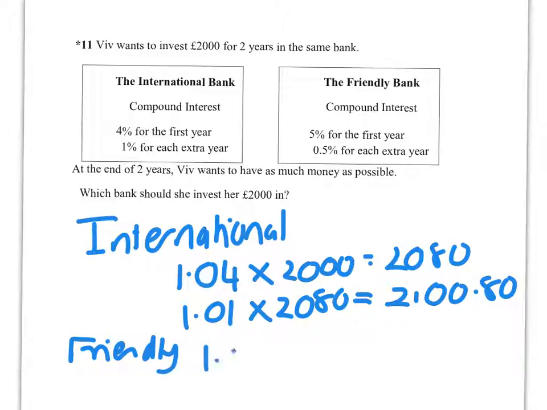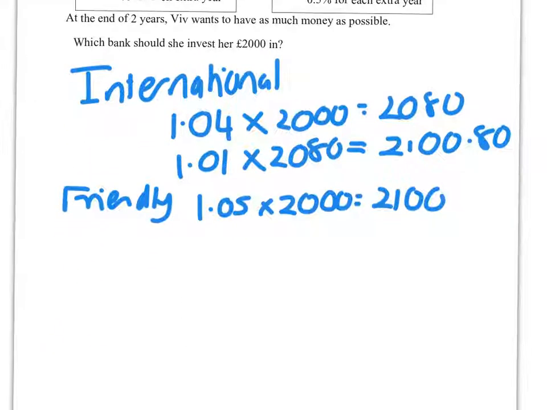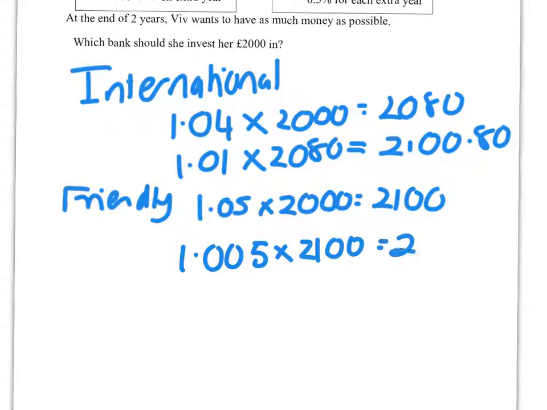At the end of the first year, 5% of 2,000, which is 2,100. And in the second year, then 0.5%, which gives £2,110.50, which means that it is the friendly bank that we would choose.